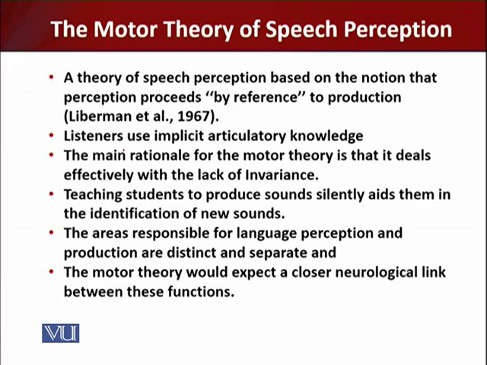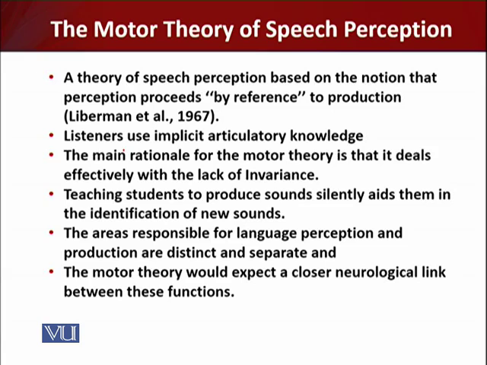Anecdotal evidence has been suggested by Catford et al. in 1991, and they also suggest that teaching students to produce sounds silently aids them in the identification of new sounds. The motor theory of speech perception makes some testable claims about the brain mechanism which basically underlies language.